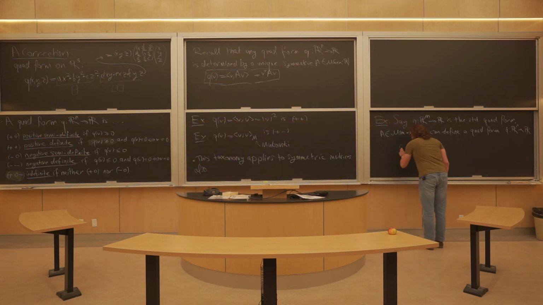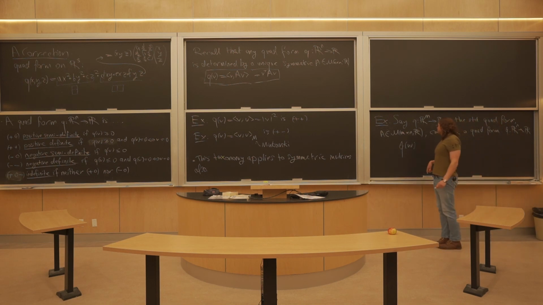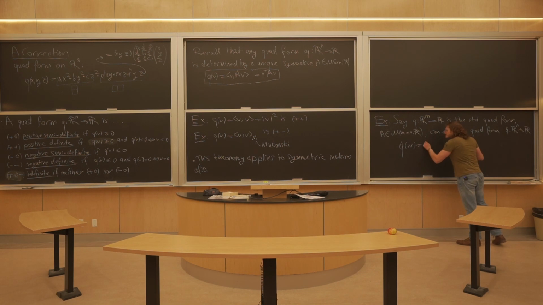So I take an n-dimensional vector V, apply A to it. So A is from Rn to Rm. When I apply A to it, now it's going to be a vector in Rm, which means that I can take the Q quadratic form output of this.